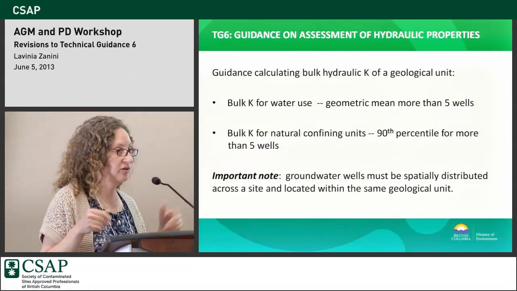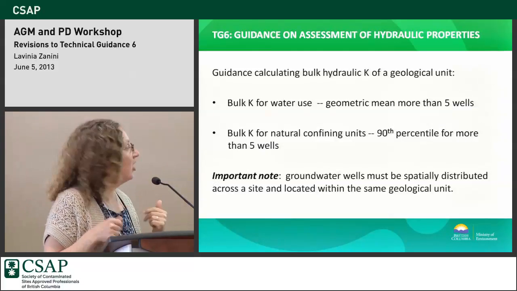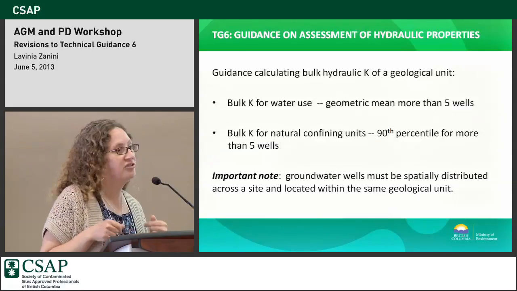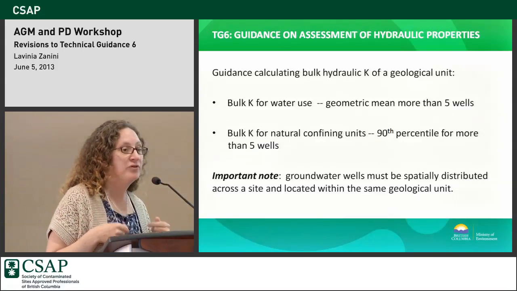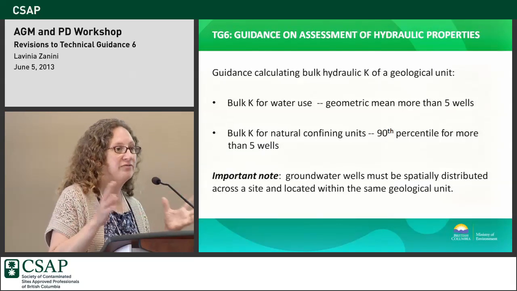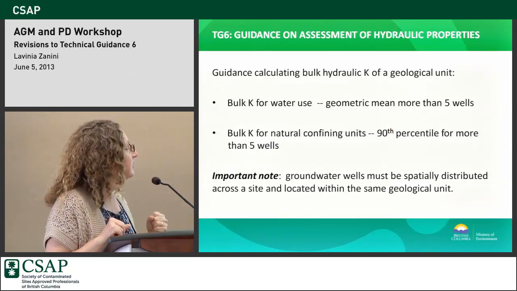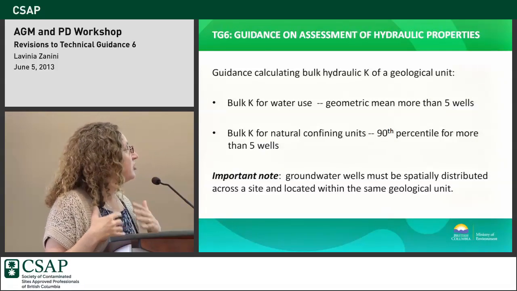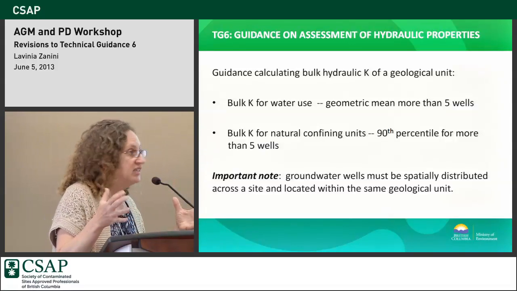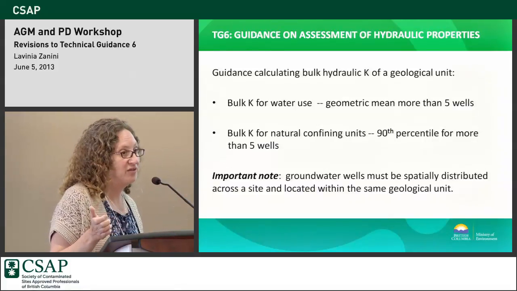Another change, or what we've included for guidance, is for calculating bulk hydraulic K of a geological unit. We've had quite a few questions on this. And I believe Annette and Amy are going to have a scenario where they show you what to do with that. But in general, to determine bulk conductivity for water use, like determining yield, you can use a geometric mean for more than 5 wells.